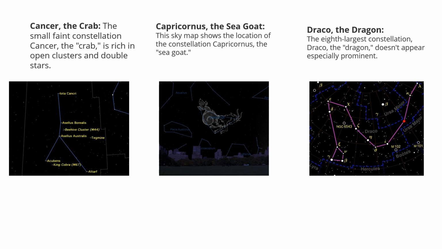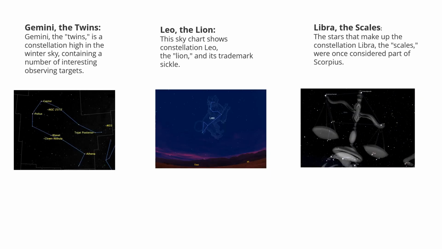This sky map shows the location of the constellation Capricornus, the sea goat. Draco, the dragon, the 8th largest constellation, doesn't appear especially prominent. Gemini, the twins, is a constellation high in the winter sky containing a number of interesting observing targets.